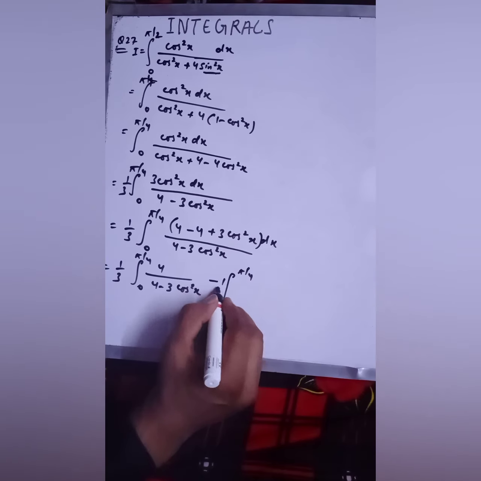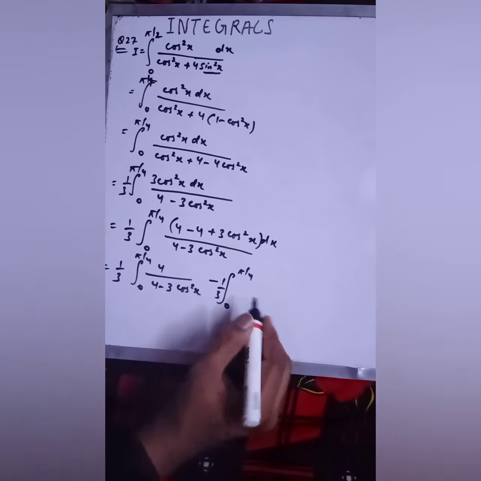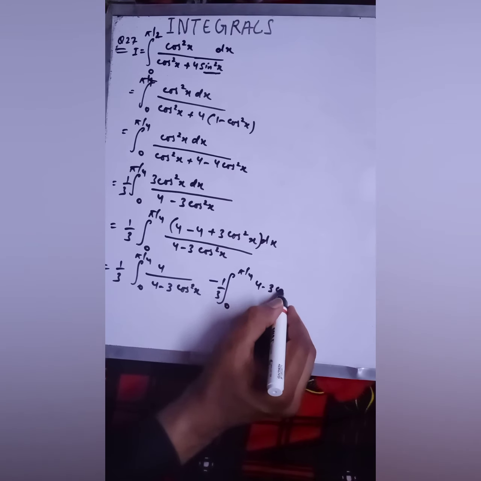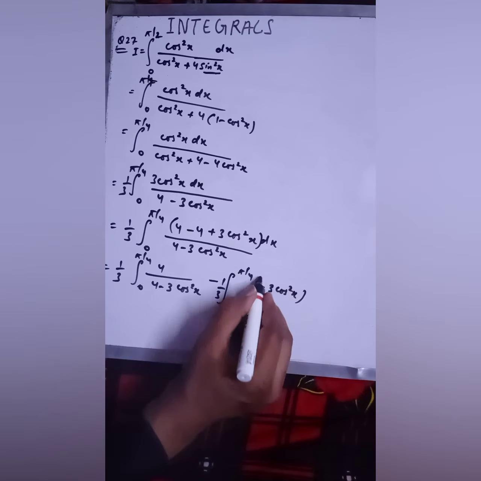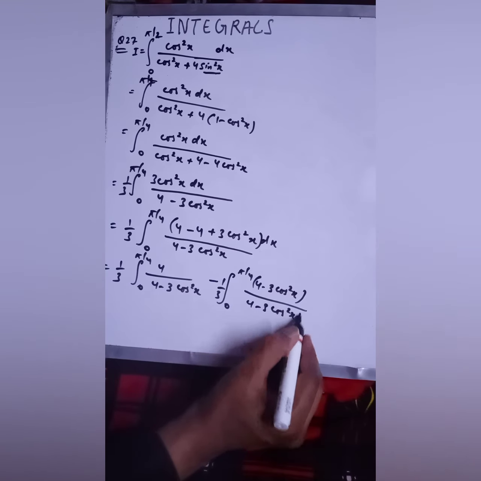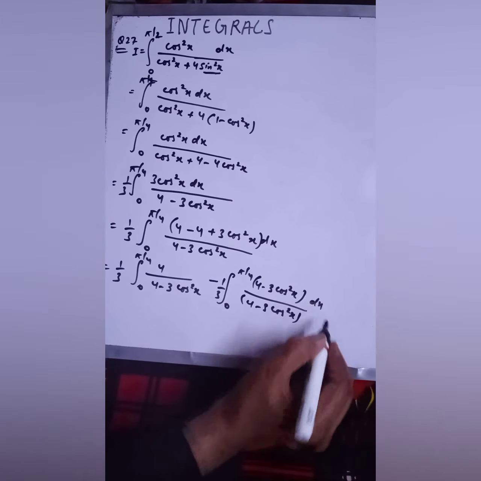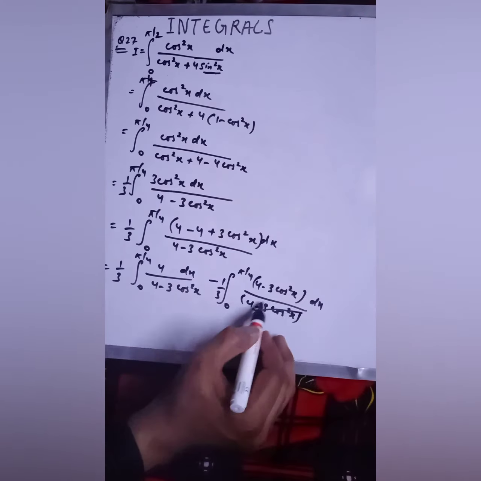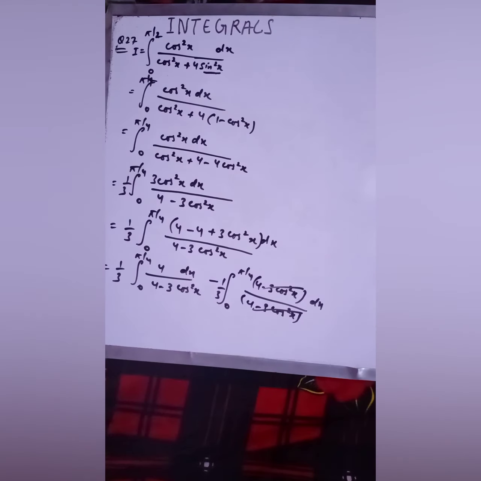It is also 1 by 3 will be in outside, and this would be 4 minus 3 cos square x over 4 minus 3 cos square x into dx. So this and this term will cancel out.